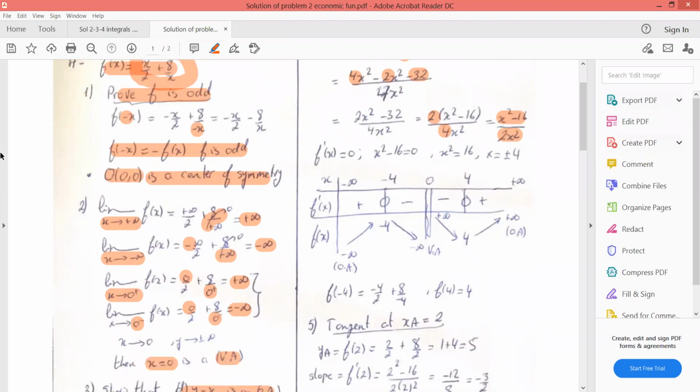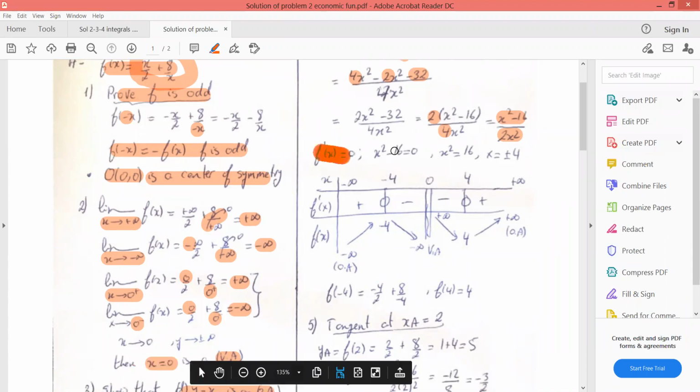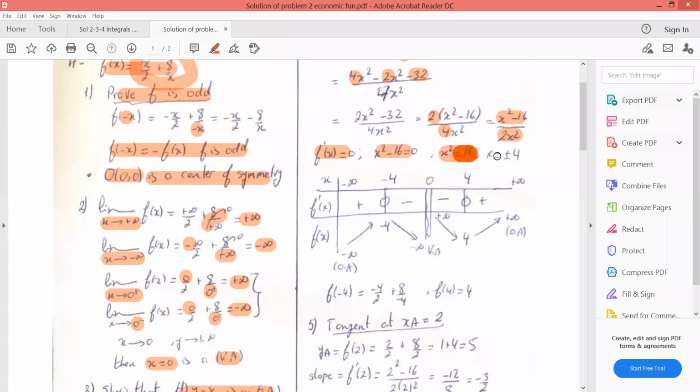To set up the table of variations, we solve f prime x equal to 0, x squared minus 16 equal to 0, x squared equals 16, x equals plus or minus 4. Now, table of variation, as usual, here we put minus infinity, 0, plus infinity, and we put the values of x, minus 4 and 4.